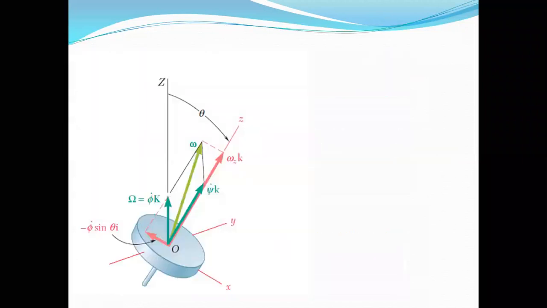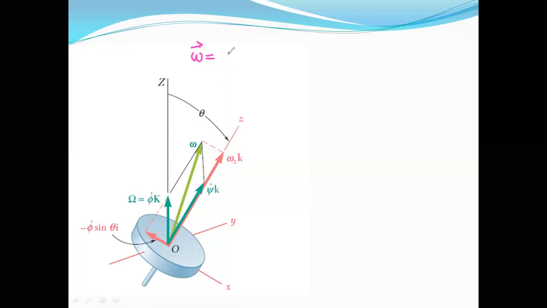Now, as we talk about steady precession, let's return to the equations that we already have in hand. We were talking about the angular velocity of the disk with respect to the ground, which we represent by omega.